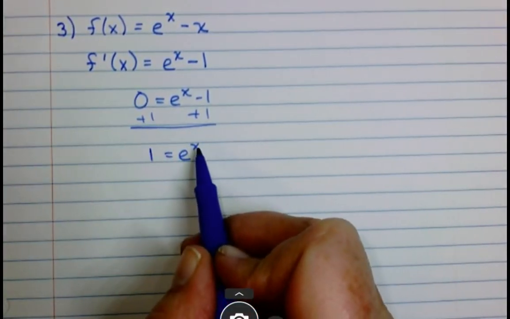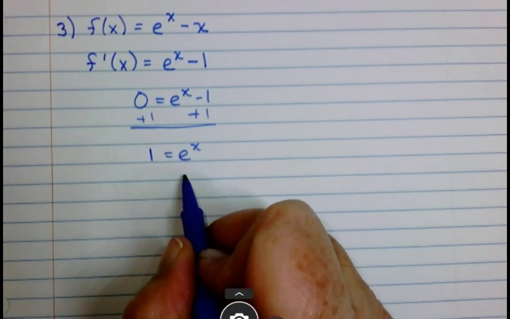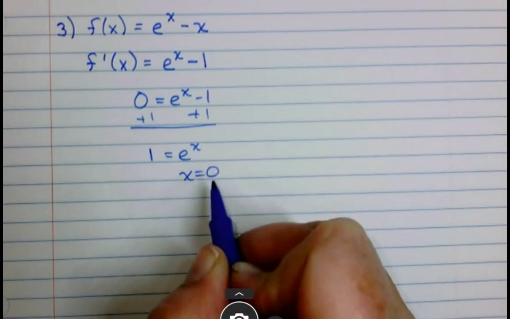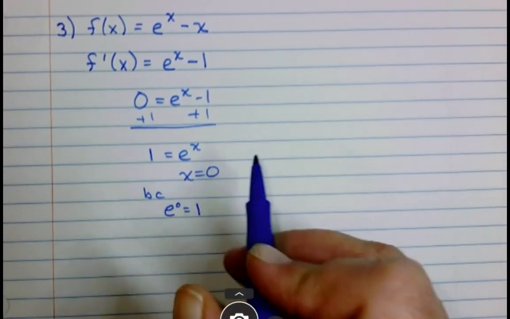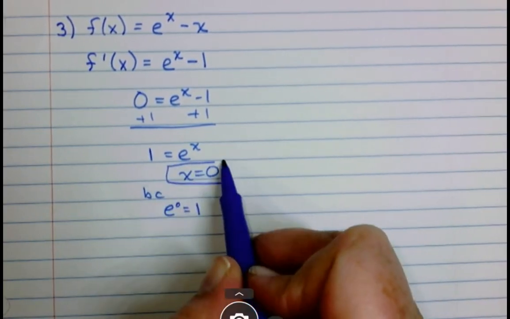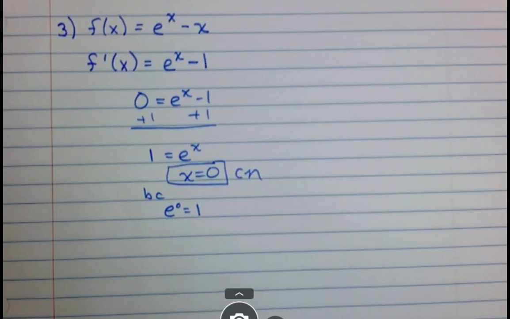What exponent would we have to make e to the power of x equal 1? Well, we'd have to have an exponent of 0, right? Because e to the 0 equals 1. So there's our critical number. In fact, it's our only critical number.